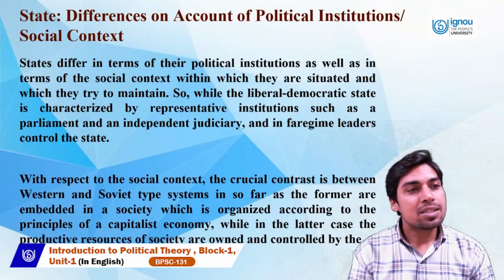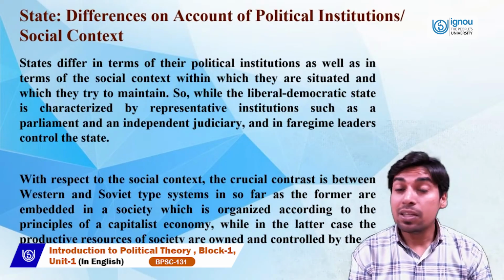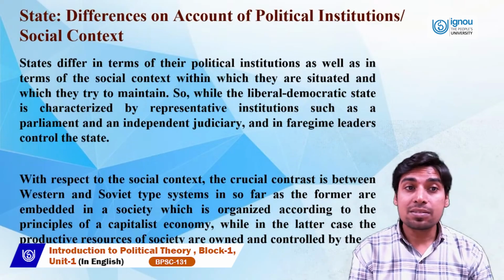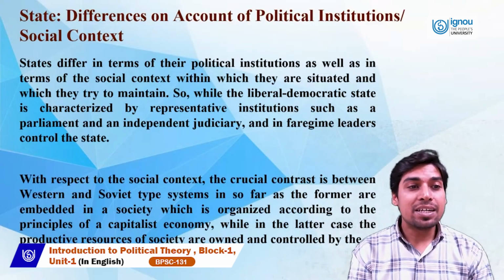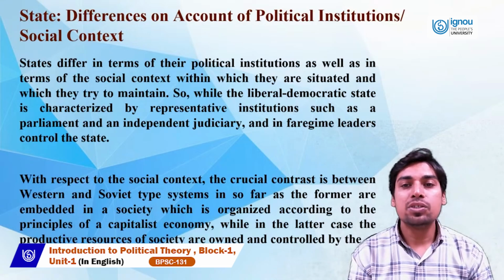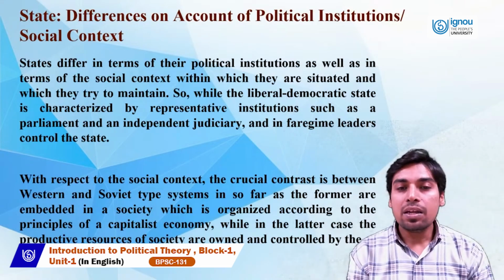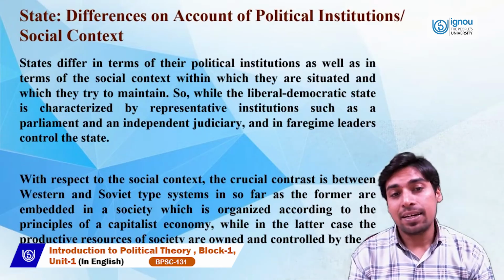Now we will discuss the state. States differ on account of political institutions and social context. States differ in terms of their political institutions as well as in terms of the social context within which they are situated and which they are trying to maintain.